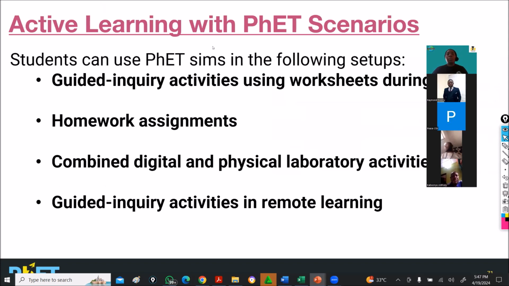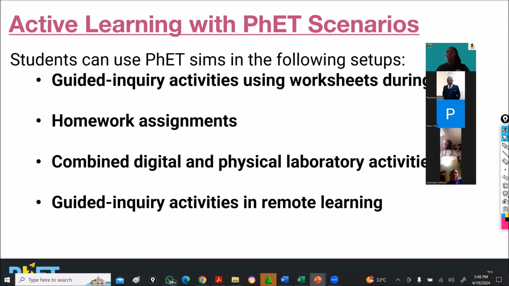All right, so students can use PhET Sims in the following setups: guided inquiries, activities using worksheets, okay? During classes, we're gonna look at an example of a worksheet. You can also use PhET Sims as homework assignments. Tell them this is the sim that you're going to use.